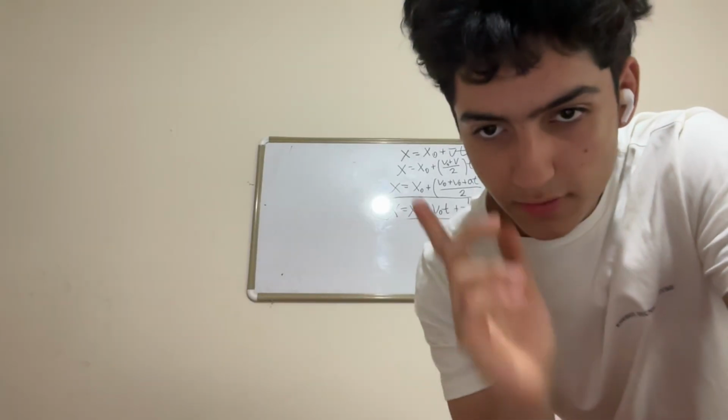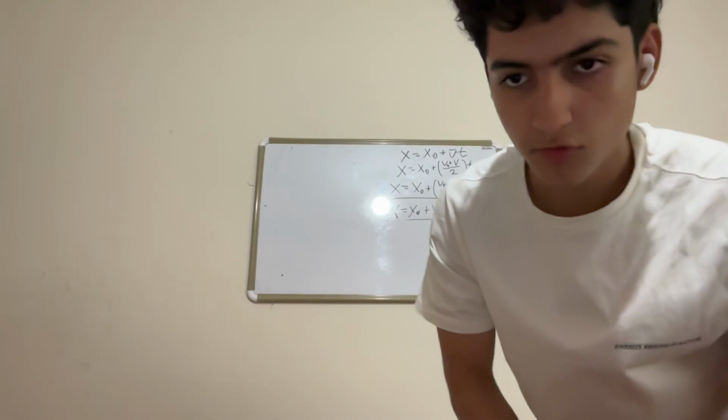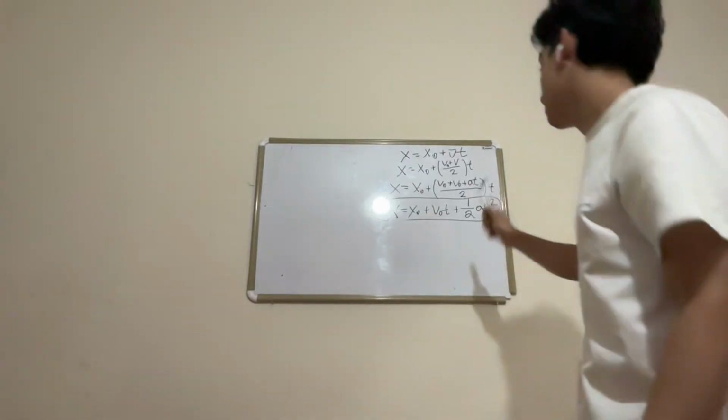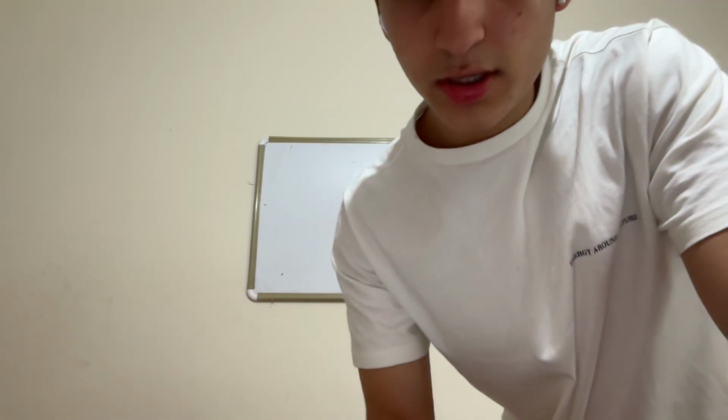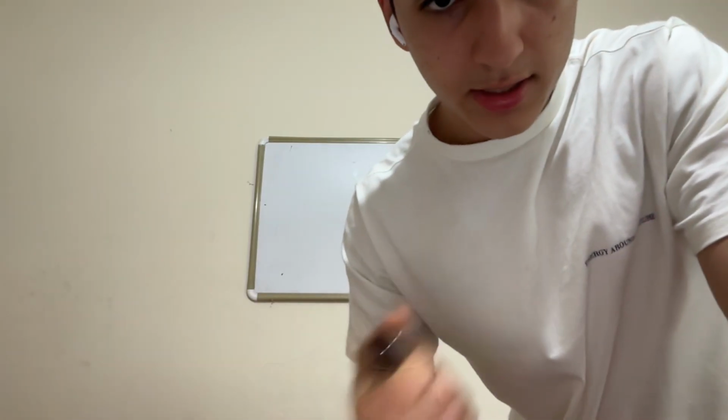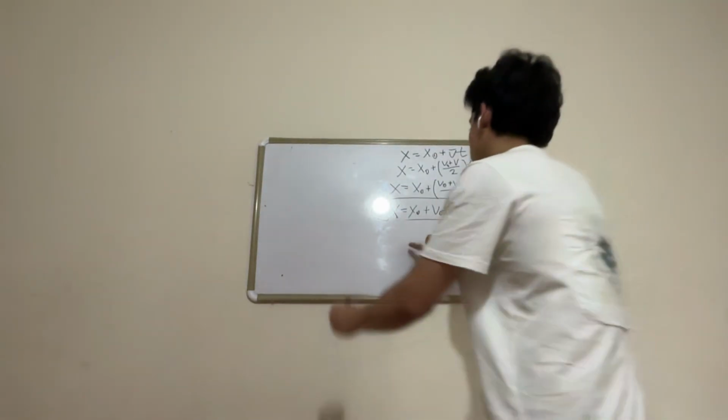So for this timeless equation, we are basically going to substitute the equation that we had here previously, which was the equation of the average velocity, into the equation of the final position.